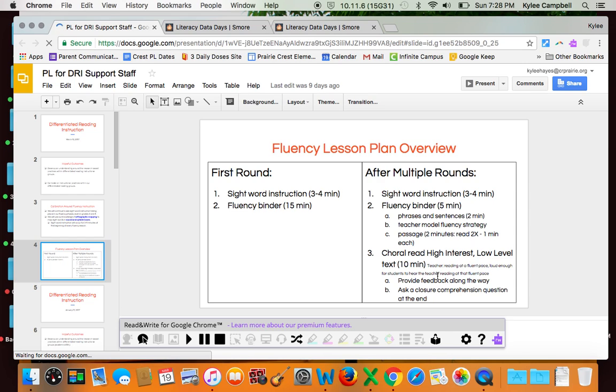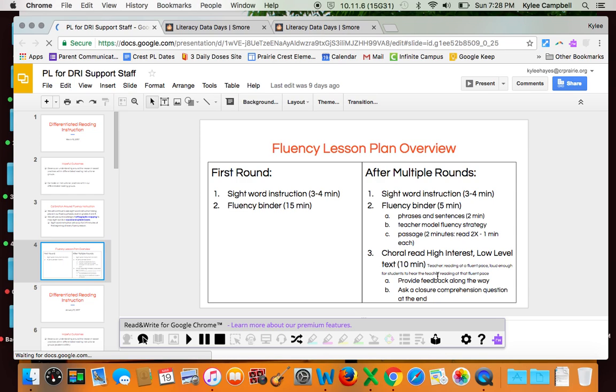I know from personal experience that sometimes it feels a little funny to be the loudest voice in the group with students, but we really want to make sure we have that loudest voice and read at a fluent pace. So not slowing down, but keeping that fluid pace up and rapid.